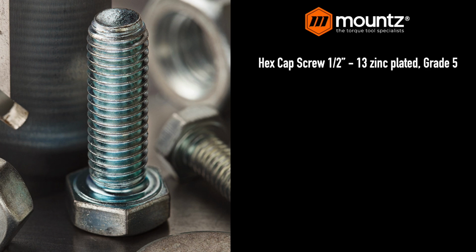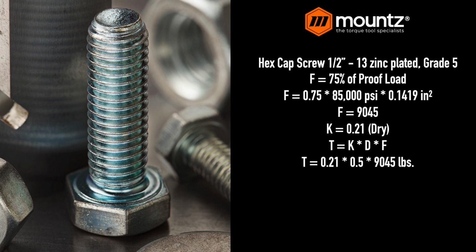What that formula would look like, if we're using the K-nut factor, is we want to take 75% of the proof load, which is 0.75 multiplied by 85,000 psi multiplied by the tensile stress area. That's going to equal 9,045, which is what we need.